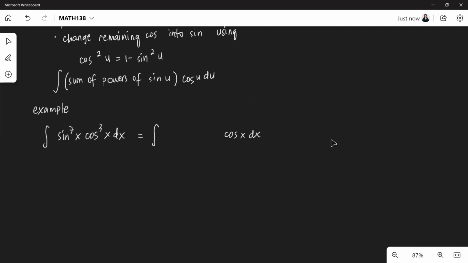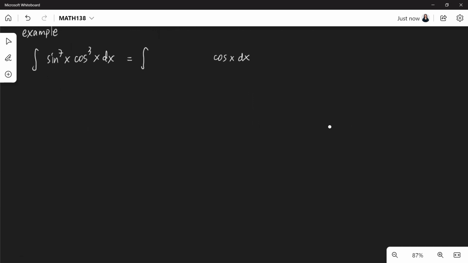So just copy sine raised to the power of 7, and then cosine squared. Let me write first the cosine squared, and then apply the Pythagorean identity below. So cosine squared is 1 minus sine squared, and cosine x dx is placed beside this.